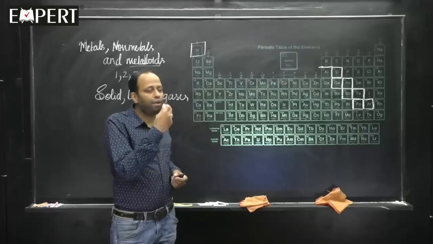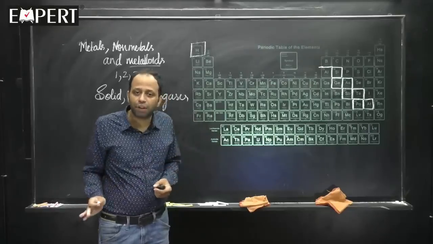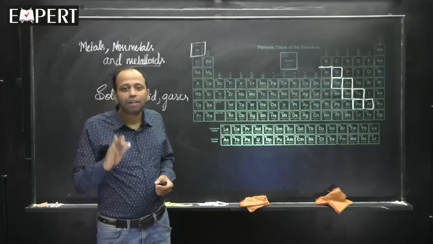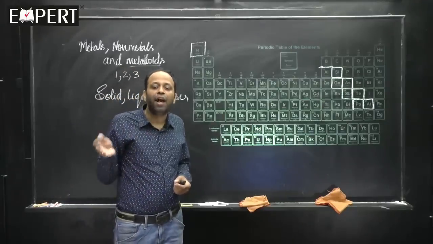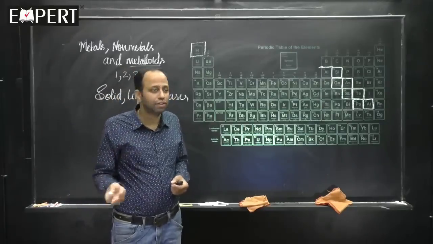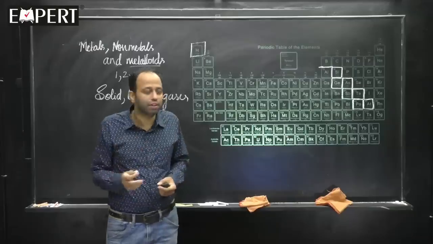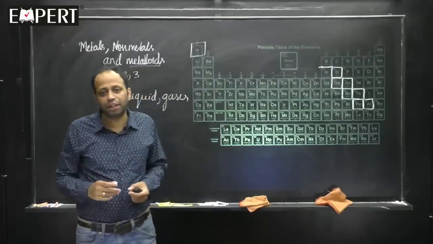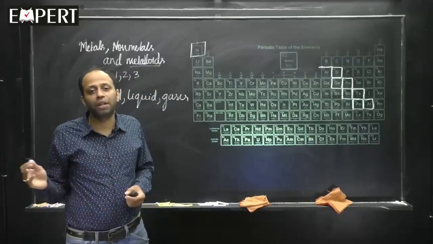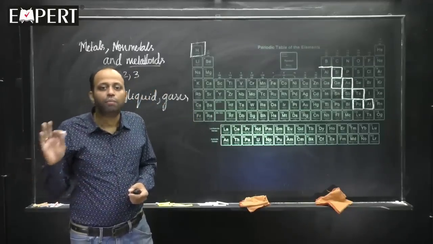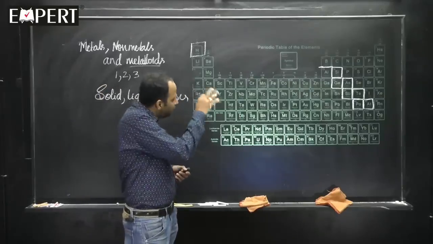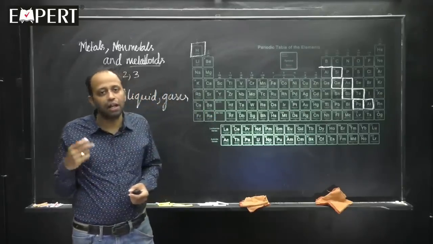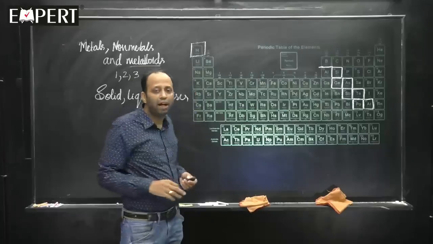Most of the elements in the periodic table are solids, some of them are gases and very few are liquids. Cesium, I told you, is a low melting solid, gallium is a low melting solid, mercury and bromine are liquids. Almost all metals other than those I mentioned are solids and the remaining are gases.